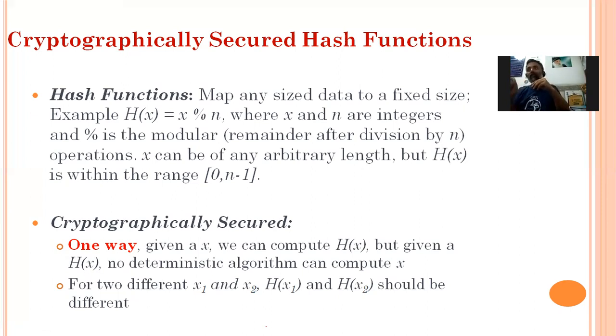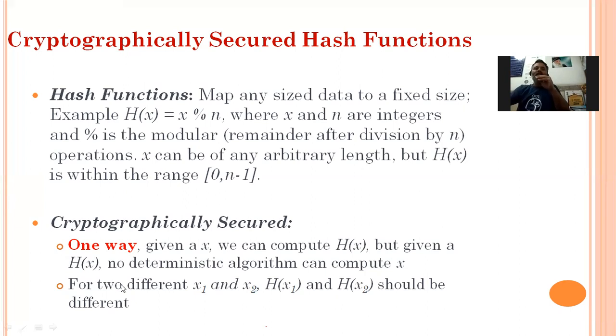If it is so, then we will say it is a cryptographically secured function, with one more property: for two different x1 and x2, h(x1) and h(x2) should be different. मीन्स ऐसा ना हो कि आपको दो वैल्यू आप लें x1 और x2 और दोनों का हैश कोड सेम आए, तो ऐसा कोई पेयर किसी के लिए भी पॉसिबल ना हो फाइंड आउट करना कि जिनका हैश कोड सेम आए.